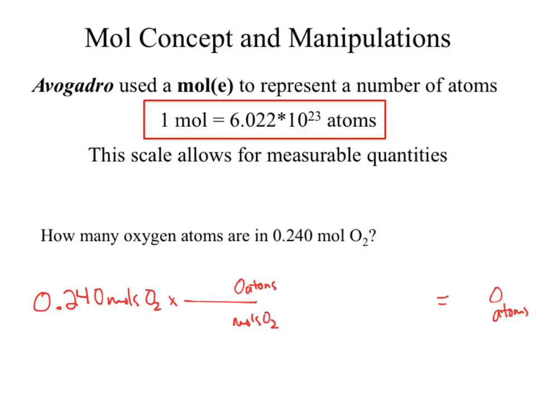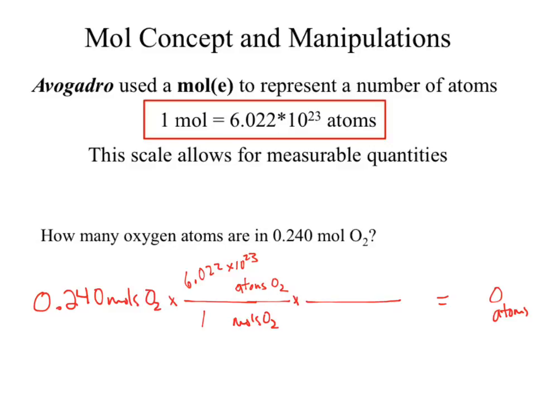Okay. So what can we change about this to make sure that we use it properly? We can convert this to atoms of oxygen. 1 mole is 6.022 times 10 to the 23rd atoms of O2, or technically molecules.